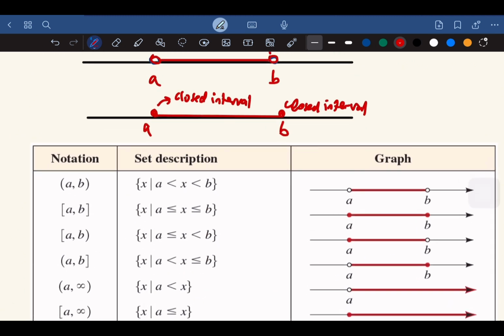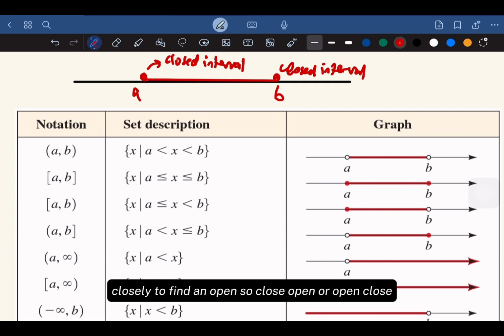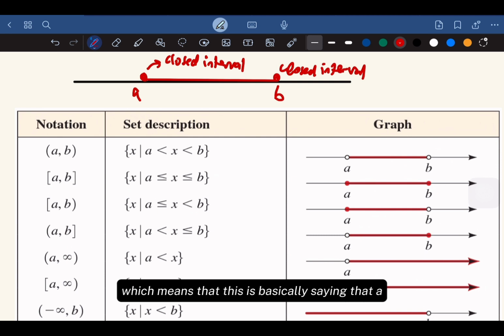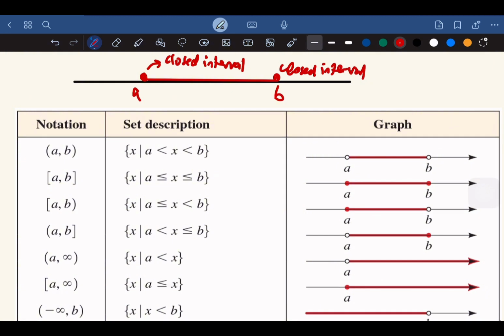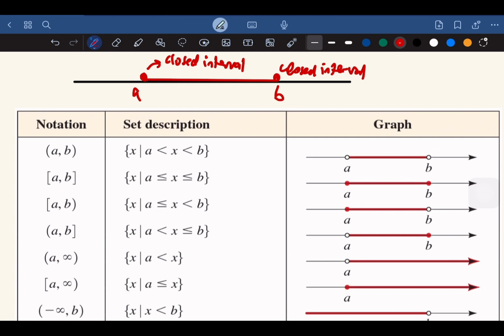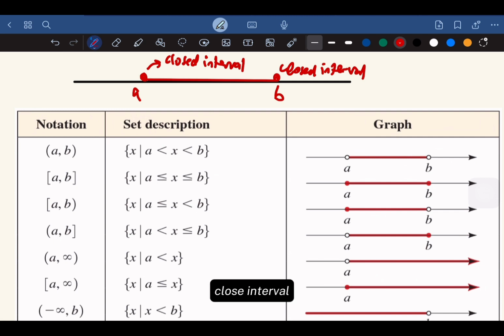So we can have a closed interval and then open, so closed-open, or open-closed. And on another number line, we can also take, for example, A to infinity, which means A is less than X, or X is greater than A. On the number line you just go all the way and end with an arrow. In the same way you can make this a closed interval.